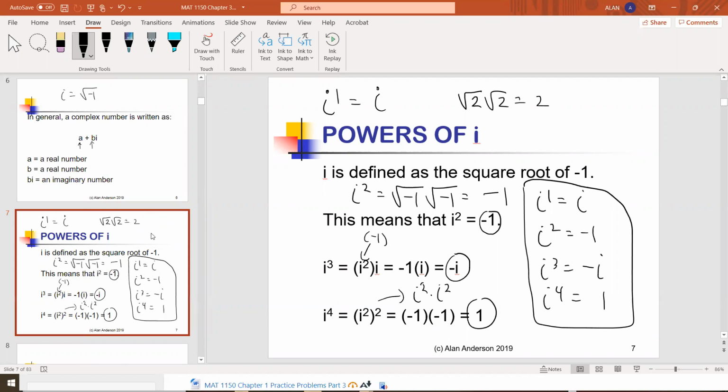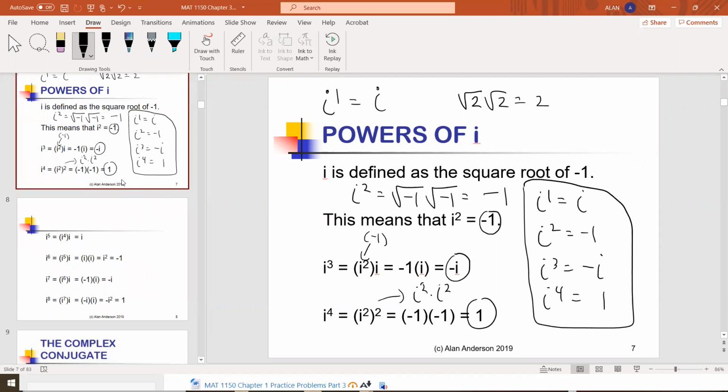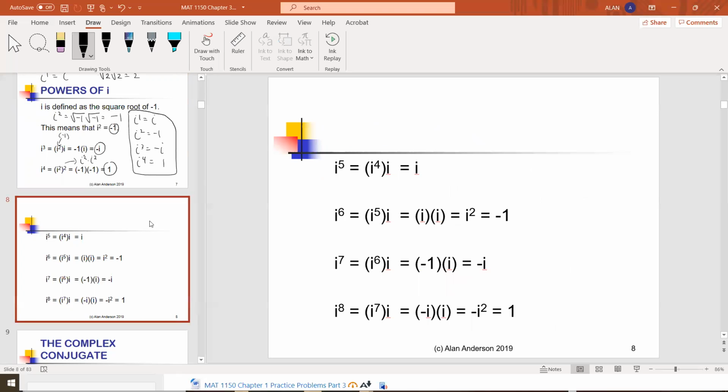What happens if I try to go past 4? Let's find out, just for the fun of it. i to the fifth can be written as i to the fourth times i. Now, i to the fourth, on the previous slide, we just got through seeing is 1. Therefore, this is just i. How about i to the sixth? That's i to the fifth times i.